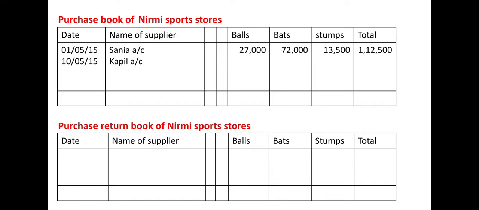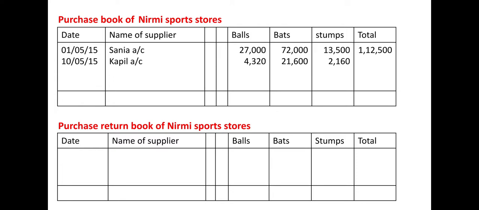And rates are given: 160 for balls, 1200 per piece for bats, and 400 per piece for stumps. If you multiply them, you will get the amount, and there is a 10% trade discount on each and every item. So once you multiply the quantity with price, then you have to deduct 10% discount.